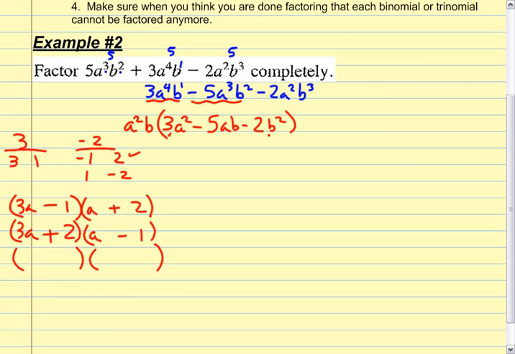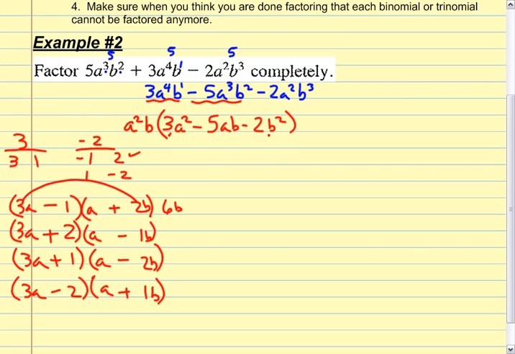Now I need to do 3A and A, and it's going to be positive 1, negative 2, or negative 2, positive 1 in a different order. Now these have B's behind them. When I multiply this, I'm going to get 6AB minus 1AB, because these also have B's.